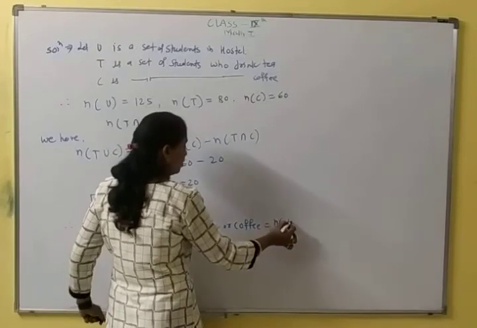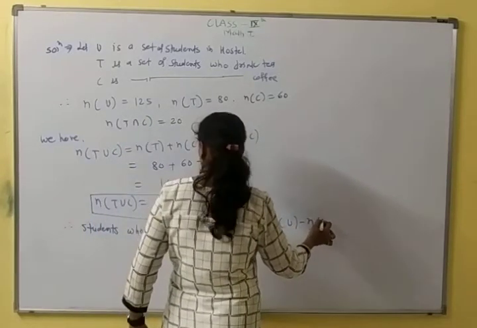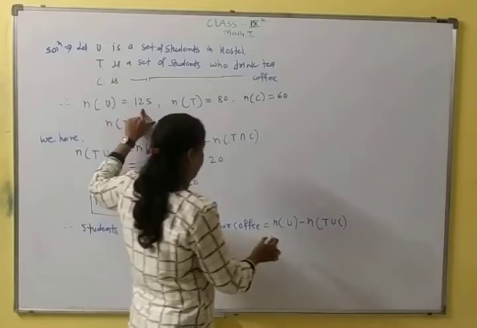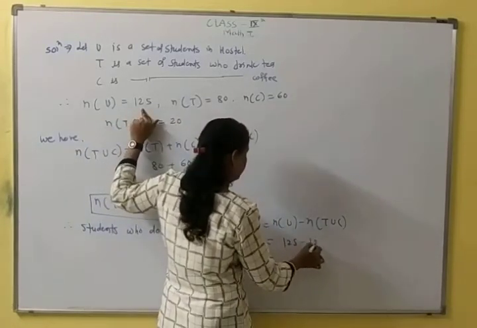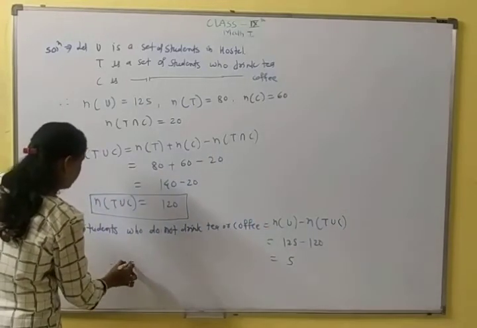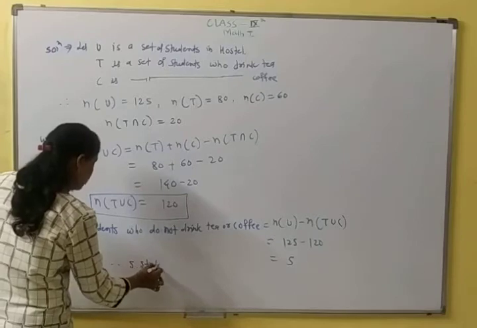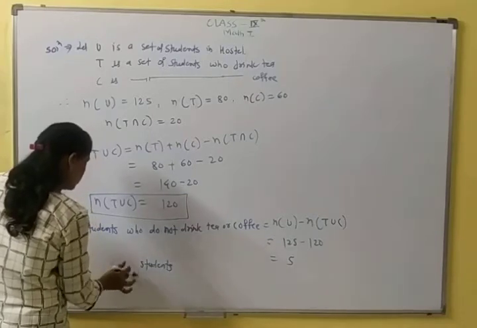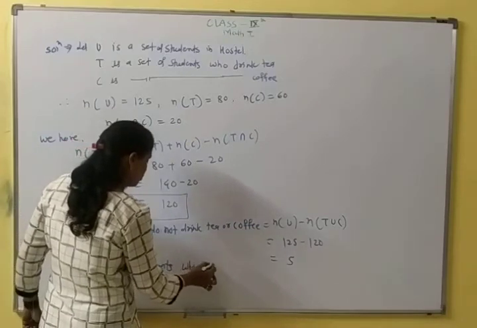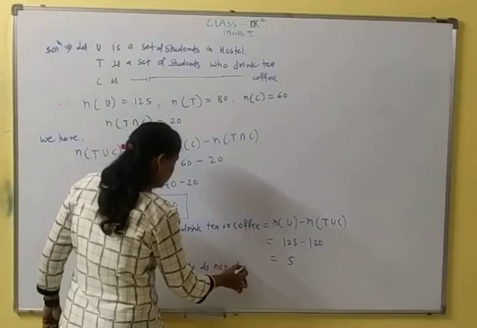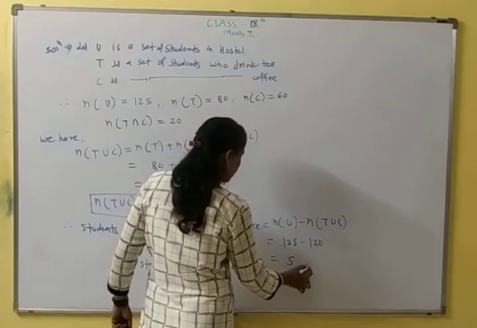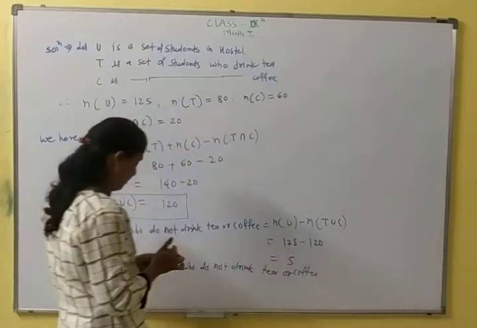So therefore n of U minus n of T union C. n of U is 125 minus 120 equal to 5. Therefore 5 students do not drink tea or coffee.